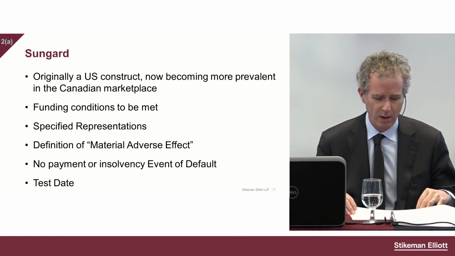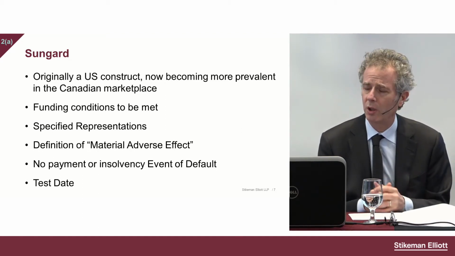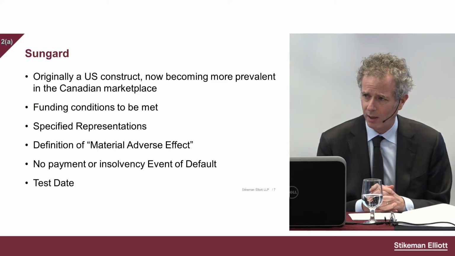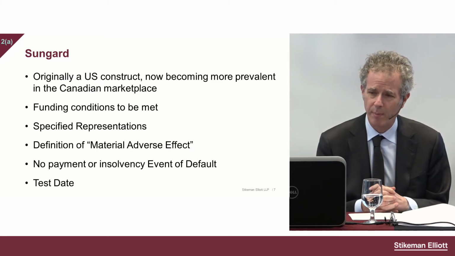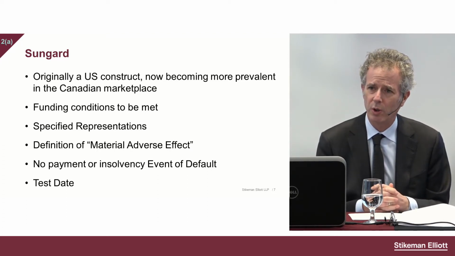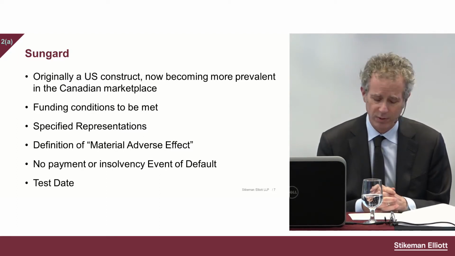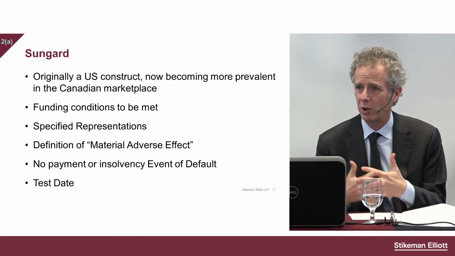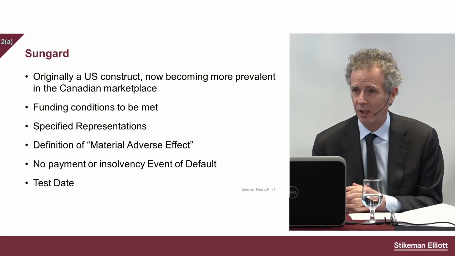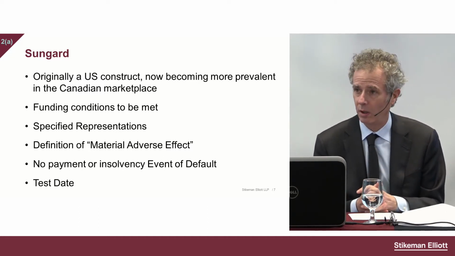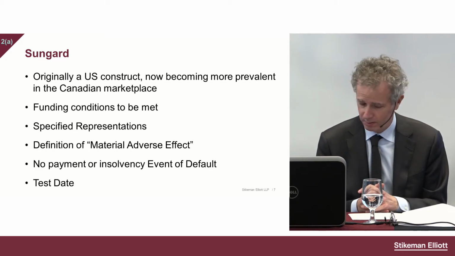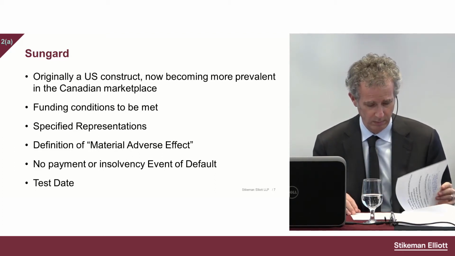Again, the whole goal here is to ensure that there's a small number of items which could preclude the funding of the acquisition from occurring, assuming that the purchaser gets to the point where they have an obligation under the purchase agreement to close.